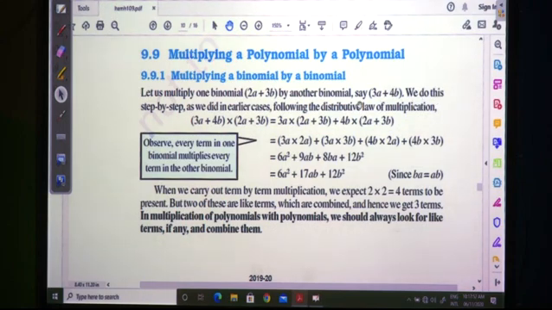We do this step by step as we did in earlier cases, following the distributive law of multiplication.